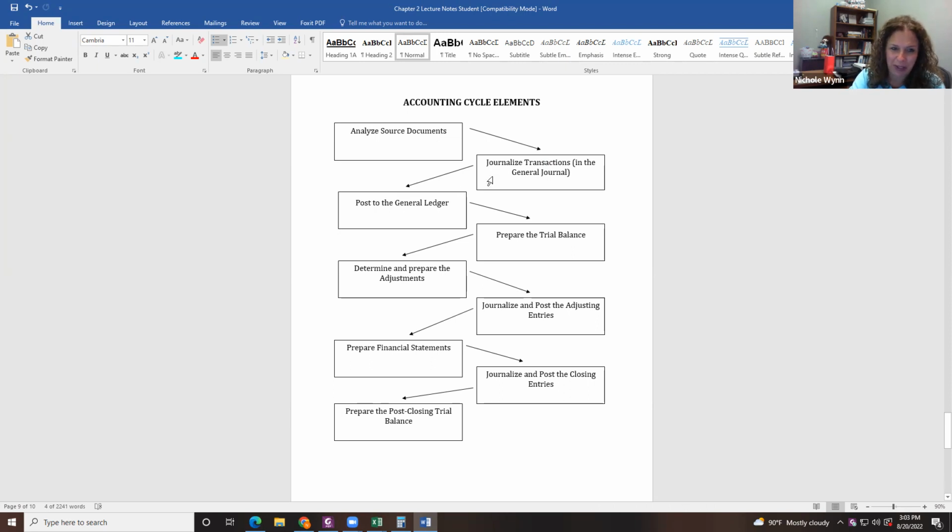So these are the two things that we learned today. And then eventually you're going to prepare financial statements. So you're going to do trial balances, adjustments, and adjusting entries. We're going to learn this in chapter 3 and these two in chapter 4. And then preparing financial statements, we already know how to do that. And then we'll do closing, and we'll learn that in chapter 4. So this is just kind of where we're going. I just drew that picture.